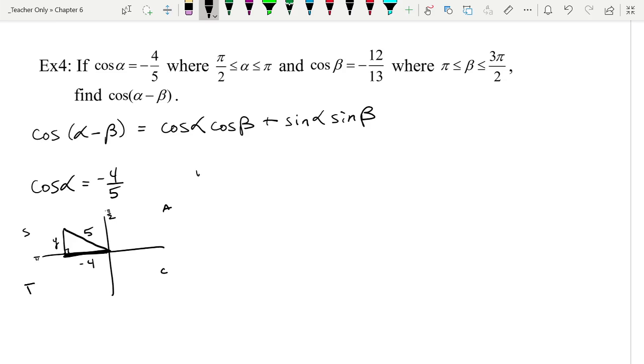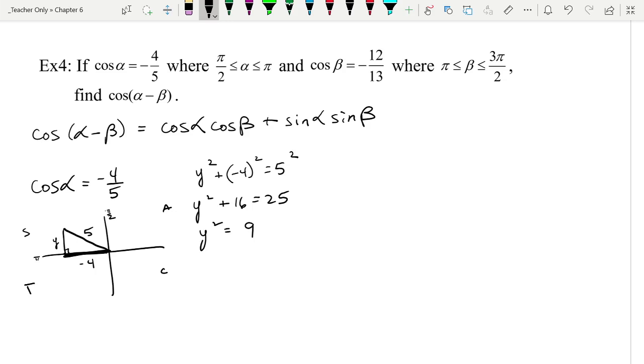So y squared plus negative 4 squared equals 5 squared. And y squared plus 16 is equal to 25. Y squared is equal to 25 minus 16, which is 9. There's probably people already going, I could tell that was a 3, 4, 5 triangle, but they won't all be nice, easy numbers, so I'll show you the math.